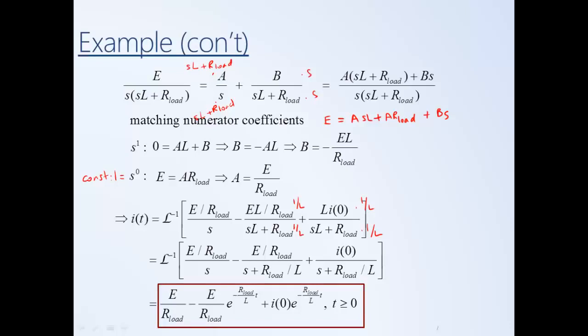When the switch was closed, the current increased linearly. That's what we found 2 slides ago. Once the switch is opened, it will behave sort of as a decaying exponential. So there's some constant term, and then there's a decaying exponential where the rate at which it decays depends on the resistance of the load and the amount of inductance.